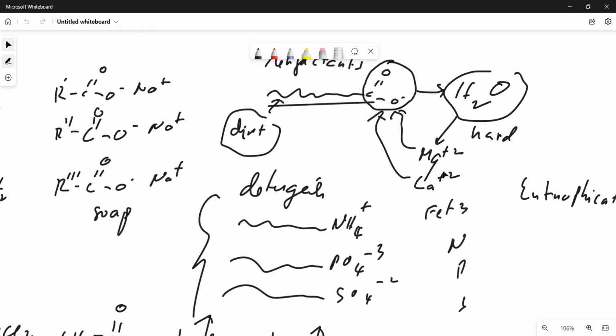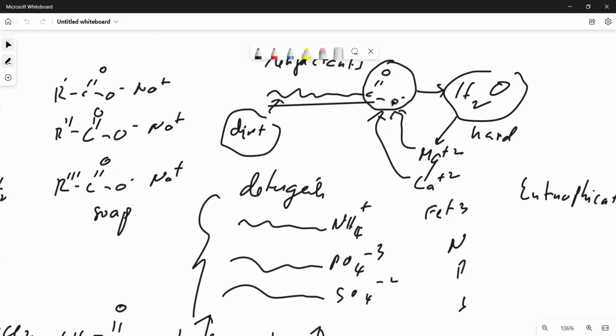So if these cations are present, they will precipitate the soap. So the soap will lose its cleaning power, so its ability to clean will decrease, because it will precipitate.